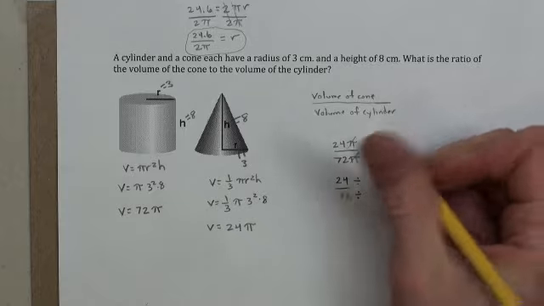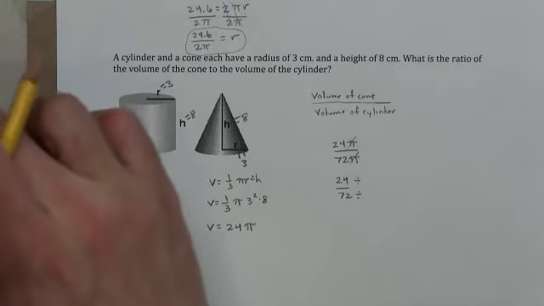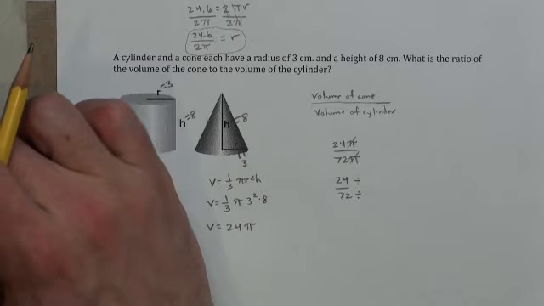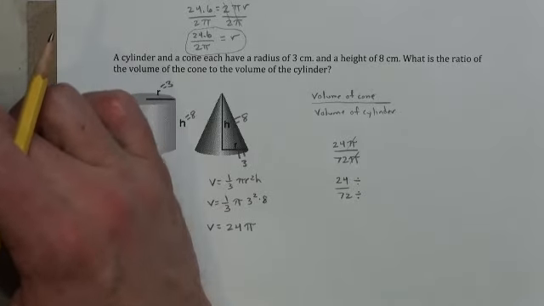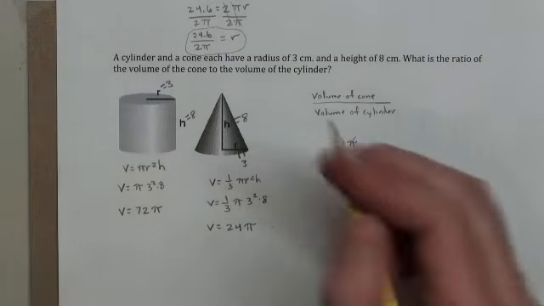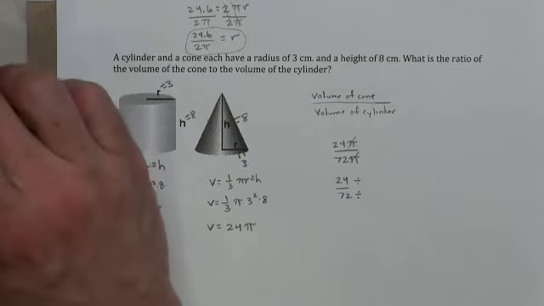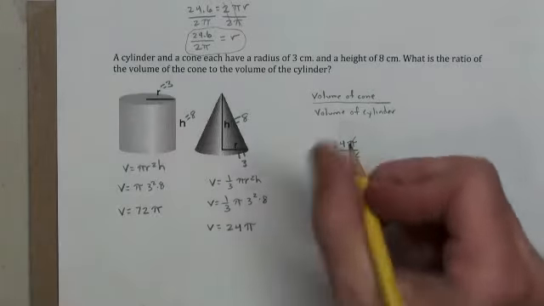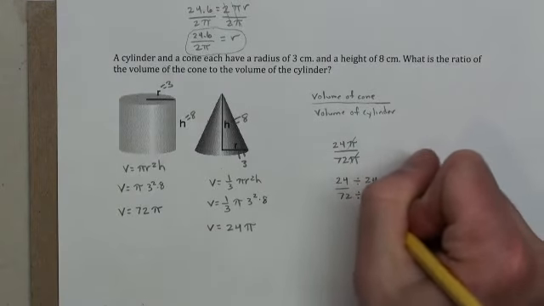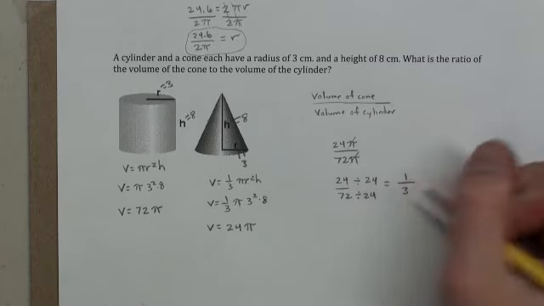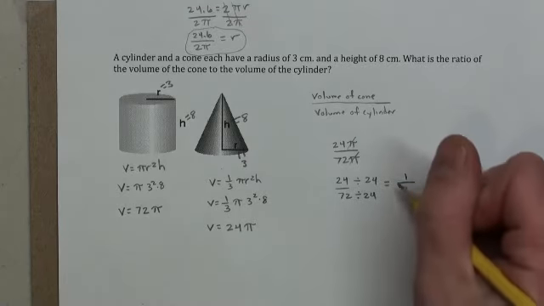We can divide the top and bottom by 12, even more, maybe 24. Yes, we can divide the top and bottom by 24, and we get 1/3. That's it.